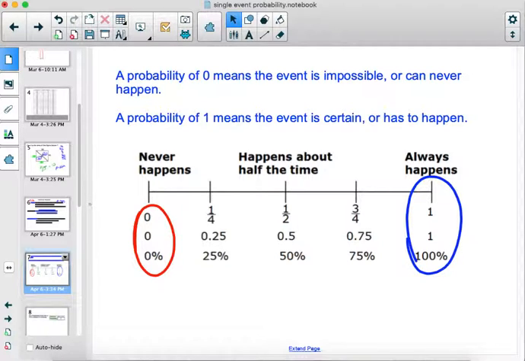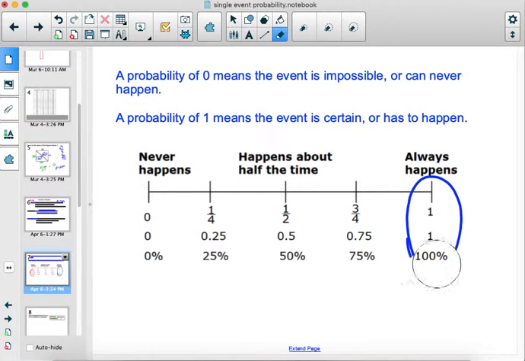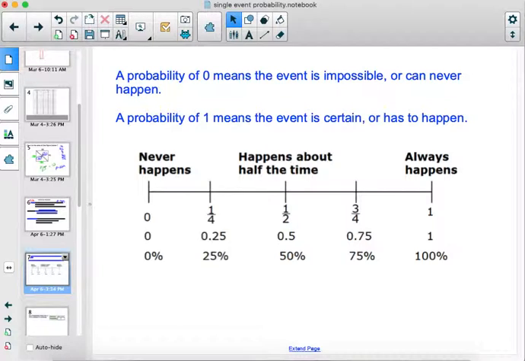And I also want to point out on this chart, notice you can write probability as a fraction, as a decimal, and as a percent. When you talk about probability, where do you see it as a percent? What about weather?